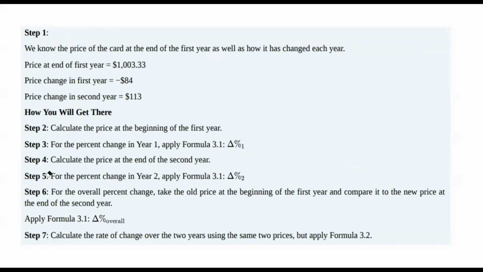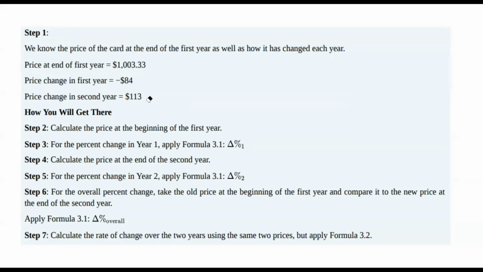We kind of put down all we know. The price at the end of the first year is this, and we know that it fell by $84. So it was a little higher than 1,003. It fell by 84, and at the end of the first year, it's now $1,003.33. During the second year, it increased by 113.